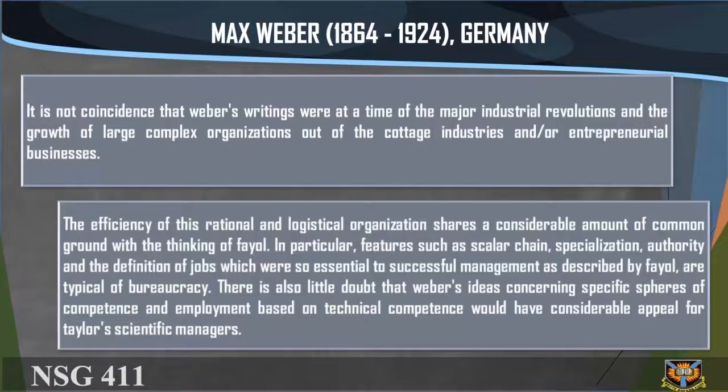In particular, features such as scalar chain, specialization, authority, and the definition of jobs, which were so essential to successful management as described by Fayol, are typical of bureaucracy. There is also little doubt that Weber's ideas concerning specific spheres of competence and employment based on technical competence would have considerable appeal for Taylor's scientific managers.